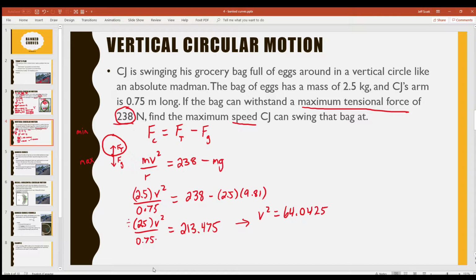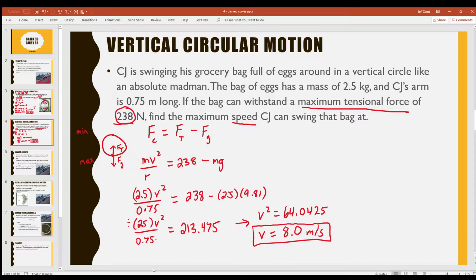And then of course if we're looking for our velocity, we just need to square root both sides. So if I square root both sides, that's actually going to bring us to our final answer. So I'll want to round to 2 sig digs as the question had. That's going to give me 8.0 meters per second. I'll put a box around that.